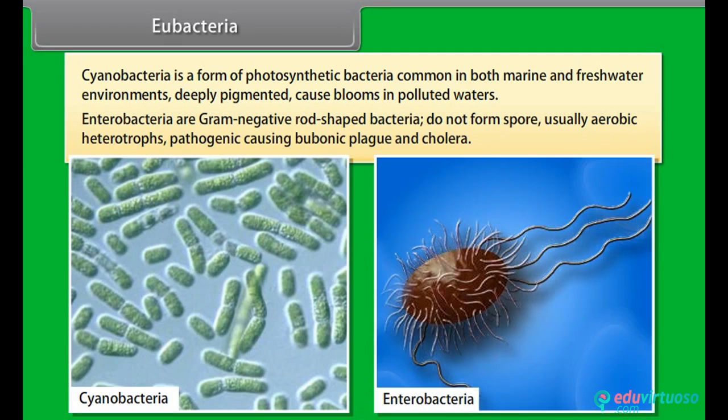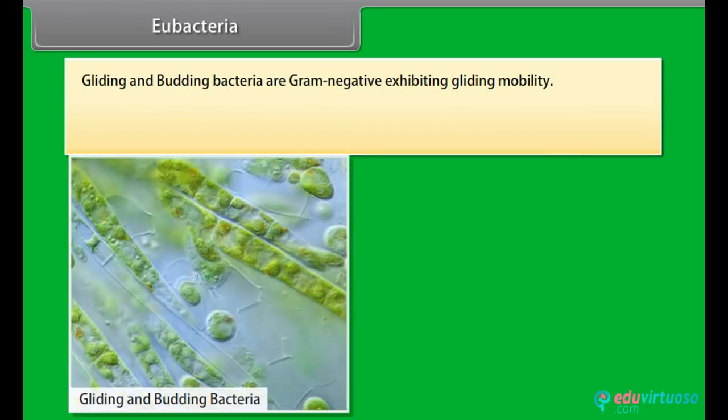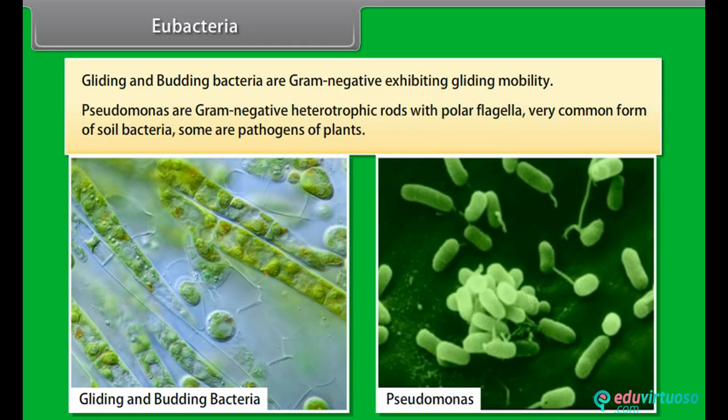Enterobacteria are gram-negative rod-shaped bacteria, do not form spores, usually aerobic heterotrophs, pathogenic, causing bubonic plague and cholera. Gliding and budding bacteria are gram-negative, exhibiting gliding mobility. Pseudomonas are gram-negative heterotrophic rods with polar flagella, a very common form of soil bacteria.